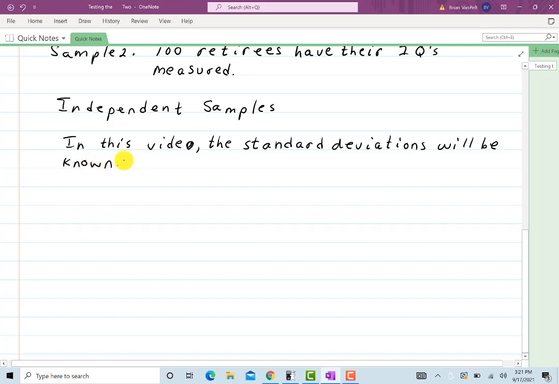So basically the idea is this. We'll have two populations. We're going to take a sample from each population and compare those samples.